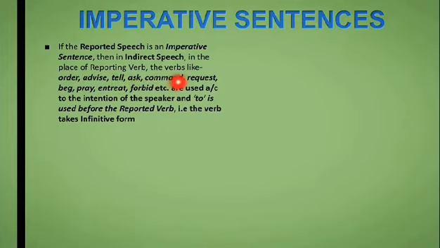Verbs like order, advise, tell, ask will be used according to the intention of the speaker. We will also see this with the help of examples. And to is used before the reported verb. That is, the verb takes the infinitive form. Okay, let's see some examples.